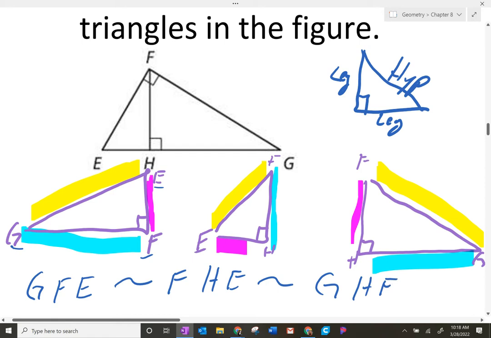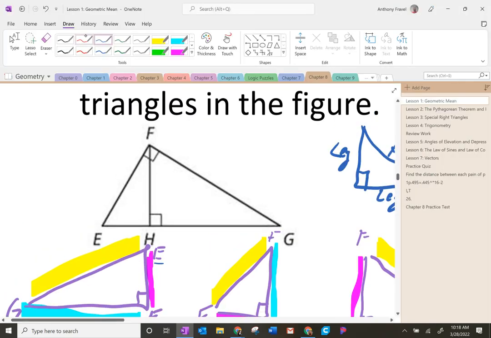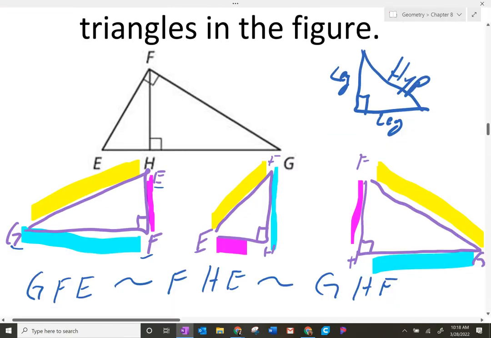If you don't want to do the highlighter thing, and I'm fine with that, my suggestion is if you're going to draw these triangles to match up, showing the angles, and if that's what you'd like to do, by all means, go for it. You've got the right angles. Those ones are already marked. I know that this angle and this angle and this angle are all going to be the same.